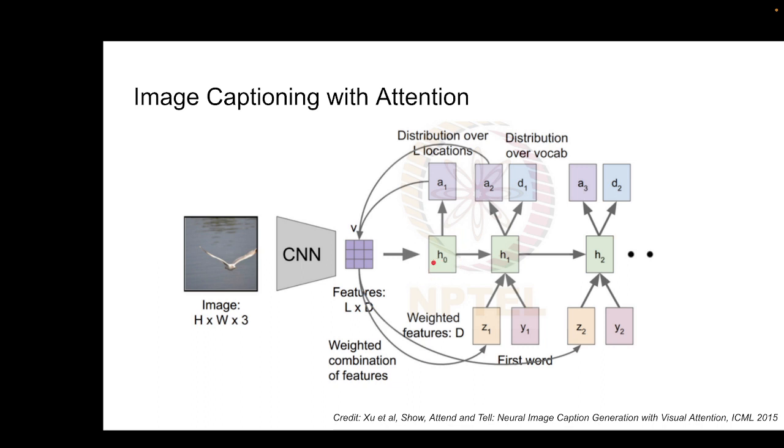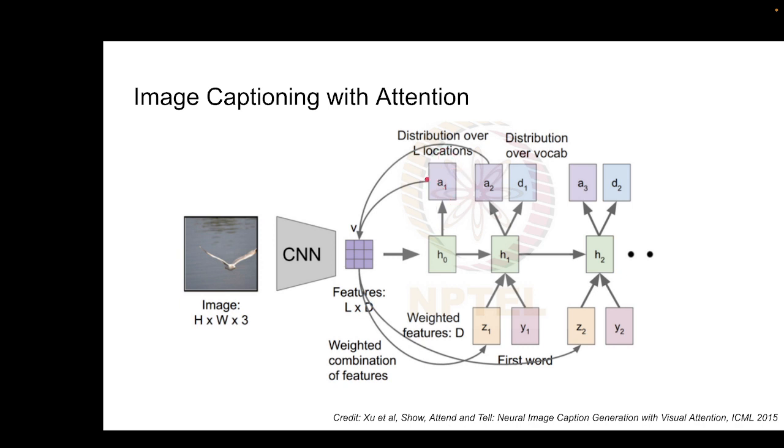So the weights that are required to combine these vectors are learnt directly in the network. H0 is basically the initial hidden state, so no input is connected to it. Now it predicts an A1.